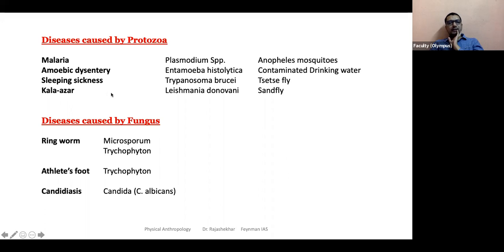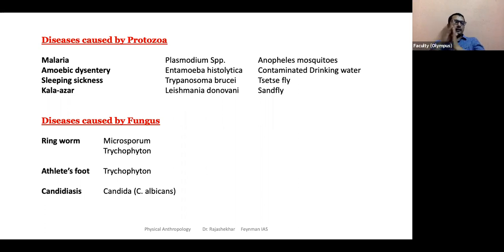Similarly, Kala-Azar, or black fever, is caused by Leishmania donovani. That is called Leishmaniasis, transmitted through sand flies, another category of flies. Seen in some states like Bihar, for example. We are trying to eradicate this problem but haven't succeeded yet.